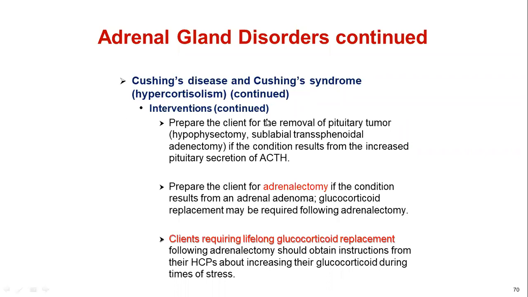Like prepare the client for removal of the pituitary tumor. And this is called hypophysectomy or sublabial transsphenoidal adenectomy. This is the surgical treatment name, sublabial transsphenoidal. Okay. So prepare the client for adrenalectomy, means adrenal gland cut and removed.